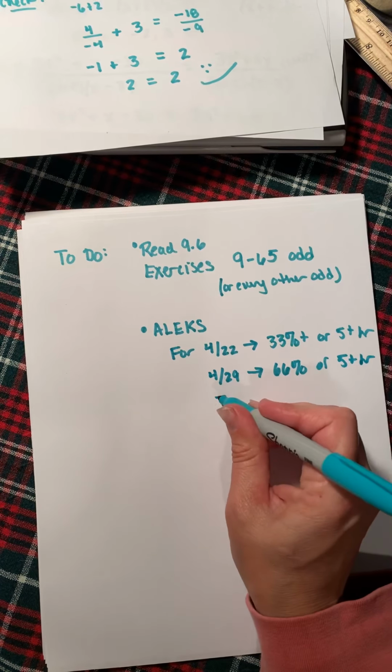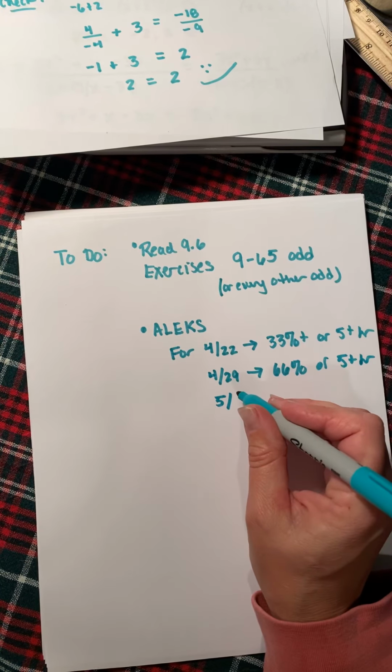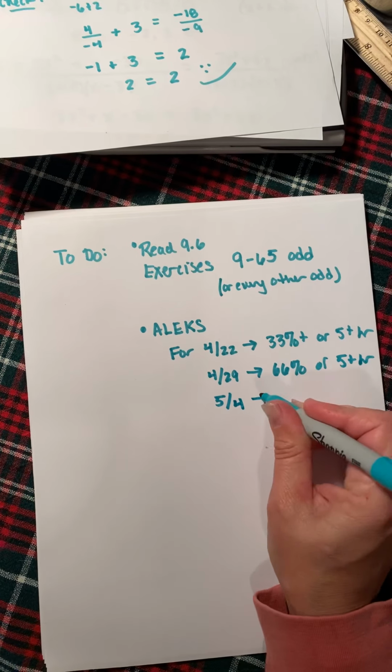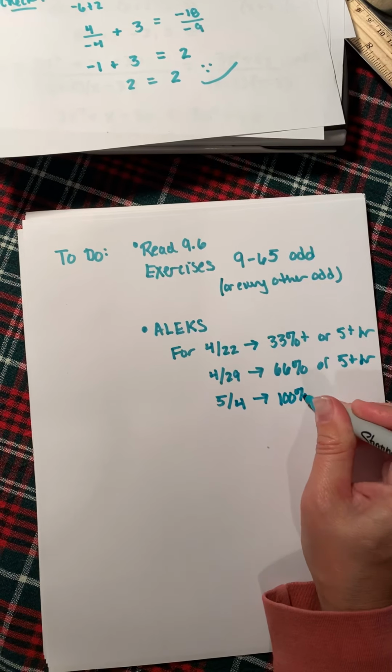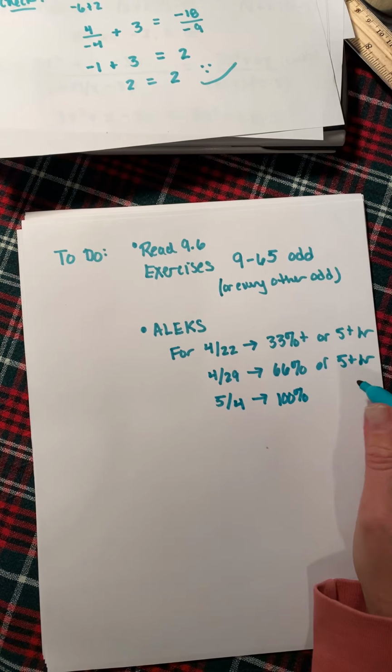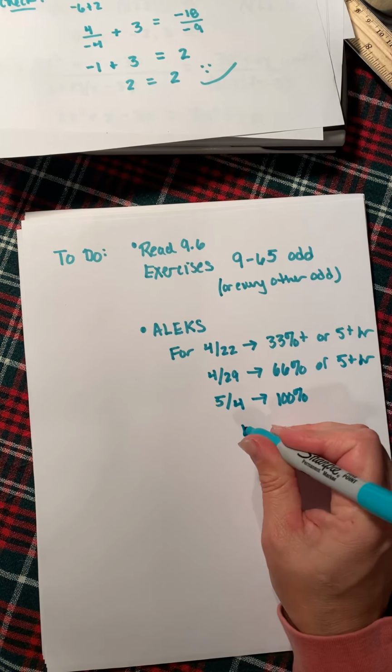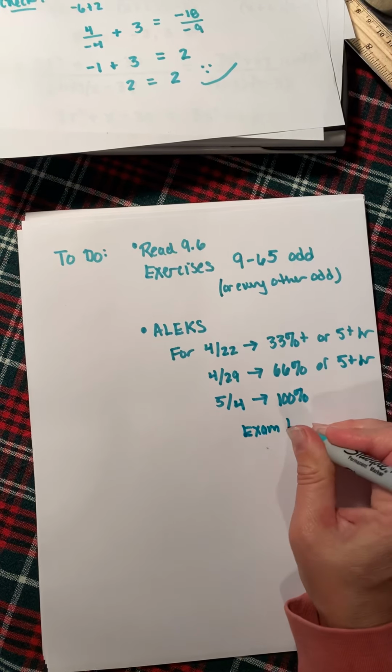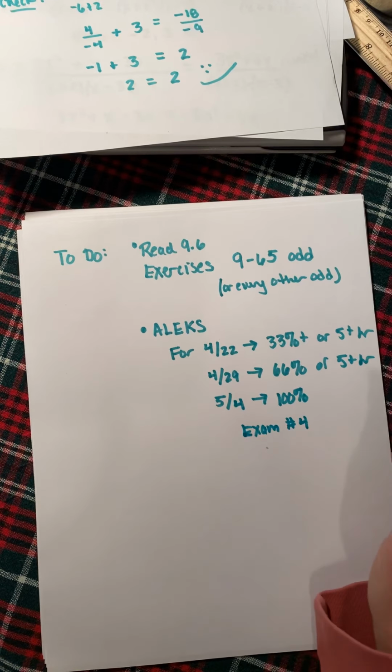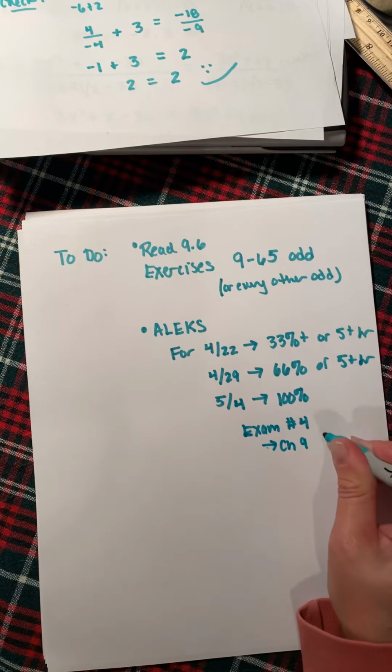But then don't forget, 2 weeks from this Thursday, on the 5th, you have your Chapter 9 test. So you want to be at 100%. Exam number 4. This is not your final exam. You still have a cumulative final exam. Exam number 4, Chapter 9, on 5/5.